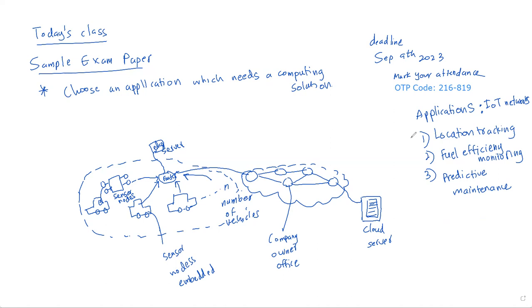You can choose an application like the ones I have mentioned, and decide that this application requires some computing technology and computing assistance. Then you just mention in that question the application that requires the computing capabilities.